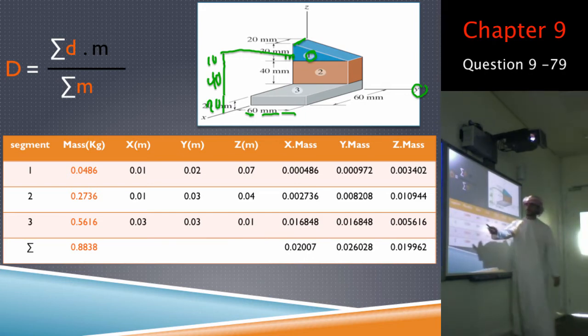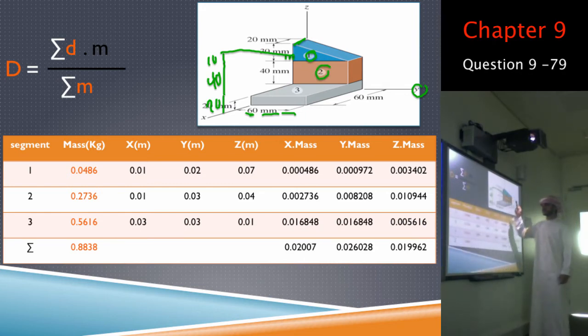We will go to block 2, which is this one. For the x, it's the same as block 1. It's 20 millimeters, so we divide it by 2, we get 10 millimeters, converted to meters, 0.01. And for y, it's 60, but it's not a triangle, it's a rectangle.